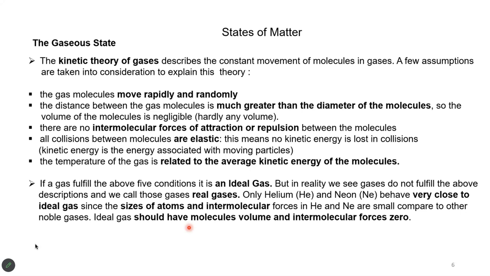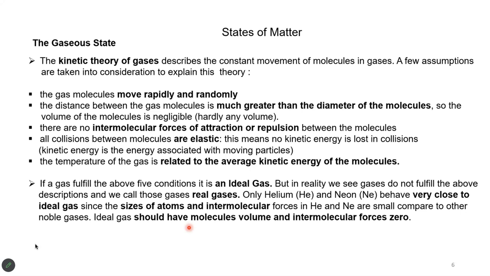Intermolecular forces of attraction or repulsion between the molecules in the gaseous state are almost nil. The collisions are elastic, which means no kinetic energy is lost in collisions. The temperature of gas is related to the average kinetic energy of the molecules. If we fulfill these conditions, then we call it an ideal gas.